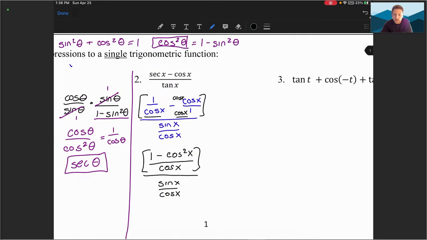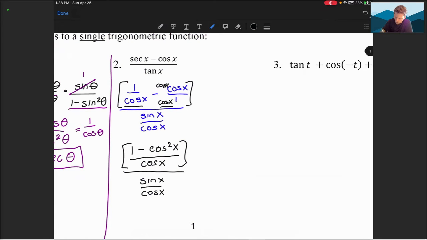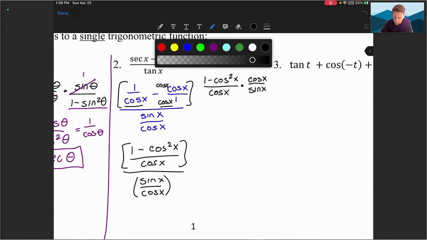Again, we can make an adjustment here by flipping and multiplying these two fractions. So one way I can rewrite this is 1 minus cosine squared x times the reciprocal of my denominator, and we notice there's a couple things we could do using the Pythagorean theorem identity first.